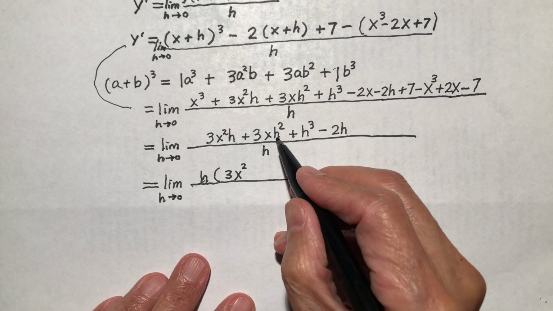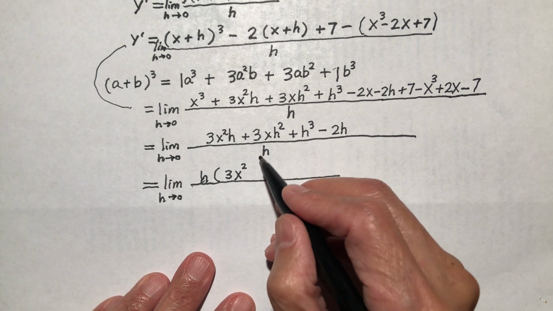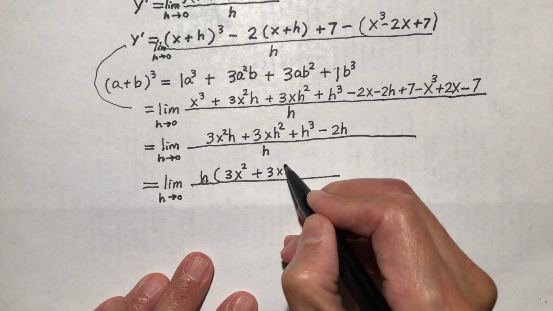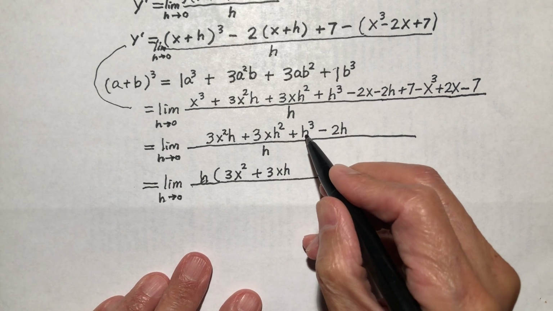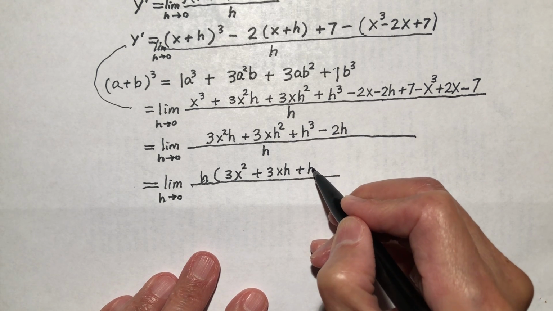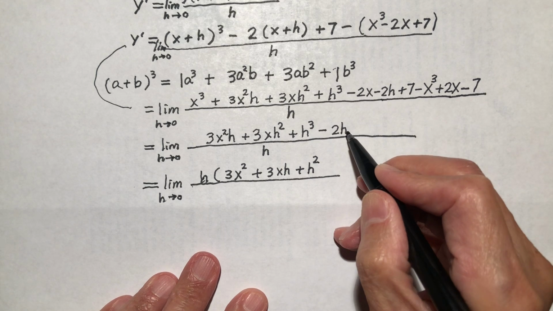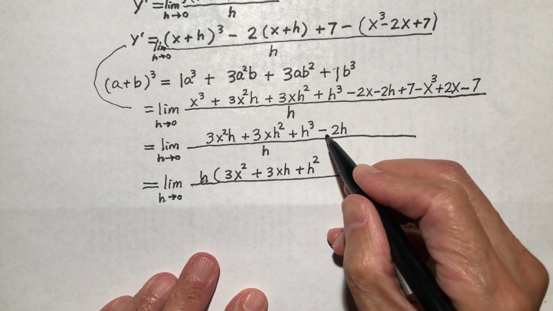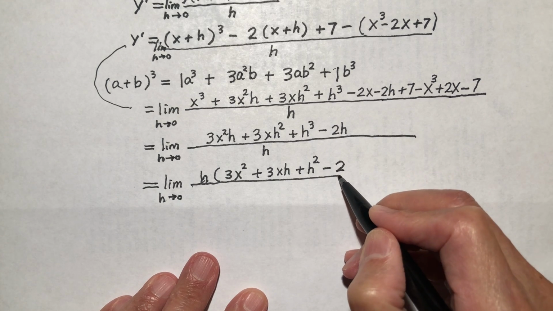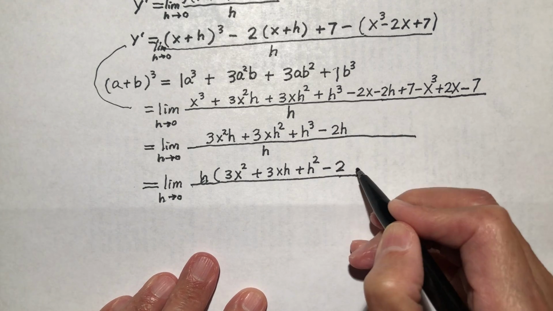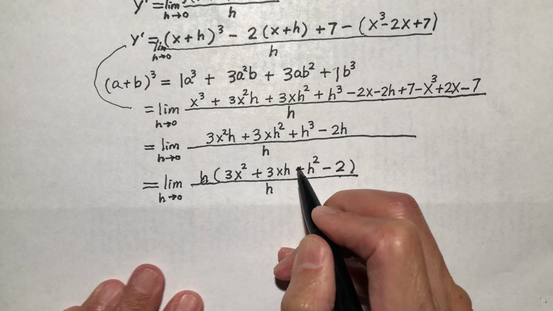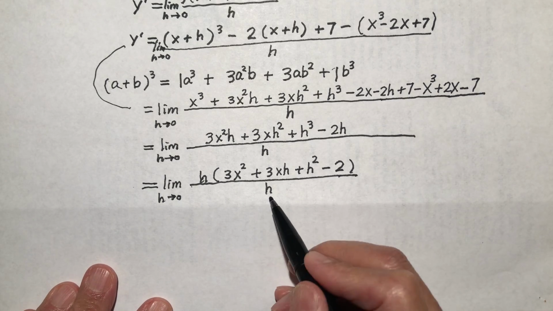Here, factor out h. I have 3xh. Here, I factor out h. I have h squared left. Here, I factor out h. I have only minus 2 left. At the bottom, close the bracket. At the bottom, I have h. You see, this h and this h cancel.